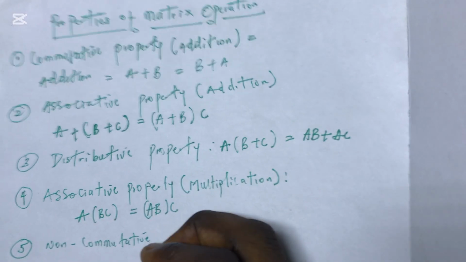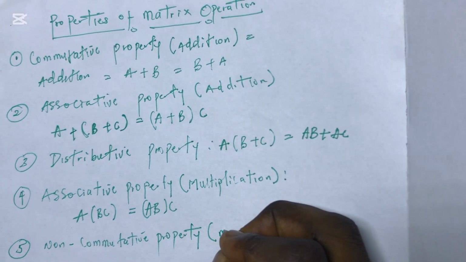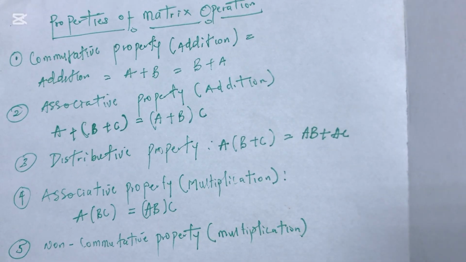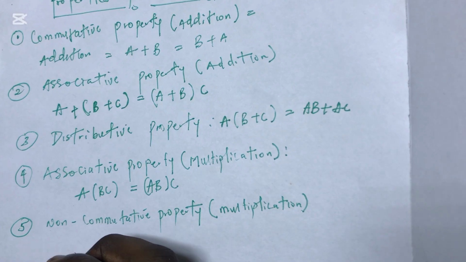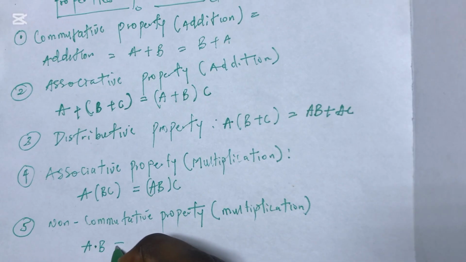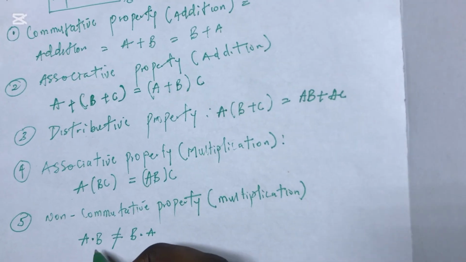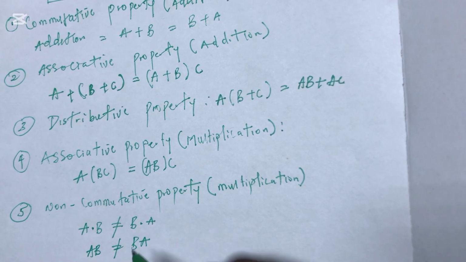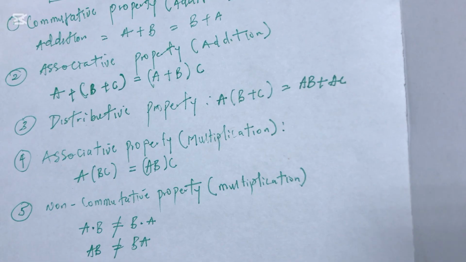If you have A times B, that is not equal to B times A. So AB is not equal to BA, that's the non-commutative property. That means in terms of the multiplication.